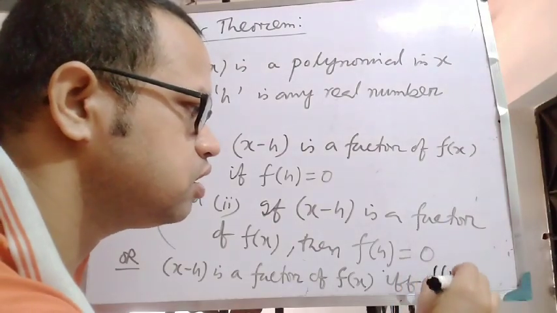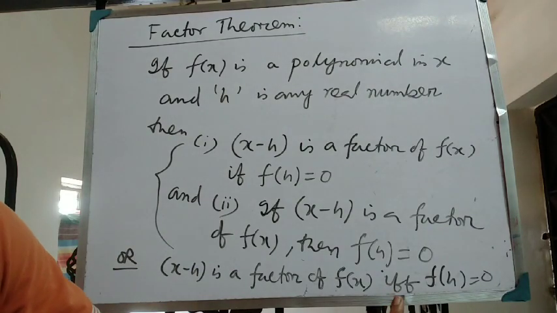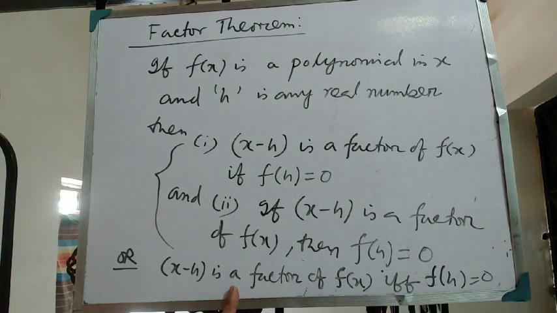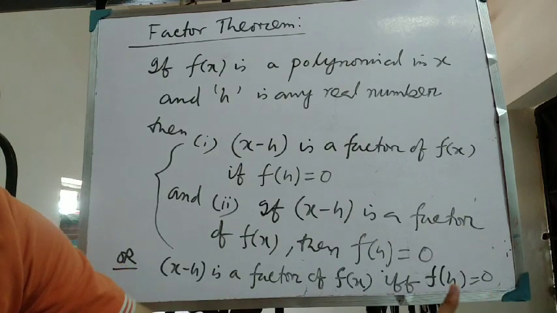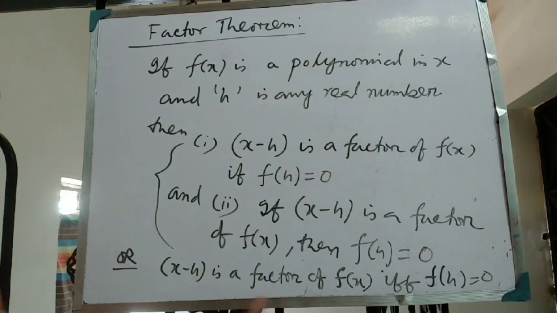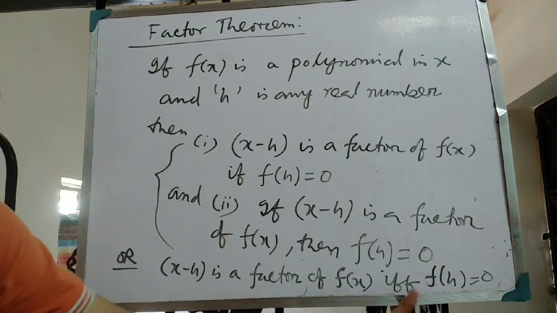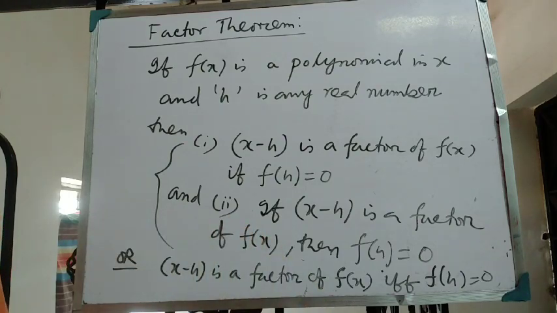If and only if means implies and implied by. That means x minus h is a factor of f(x) if f(h) equals 0, and conversely when f(h) equals 0, then x minus h is a factor of f(x).